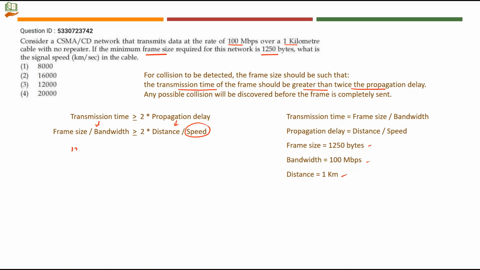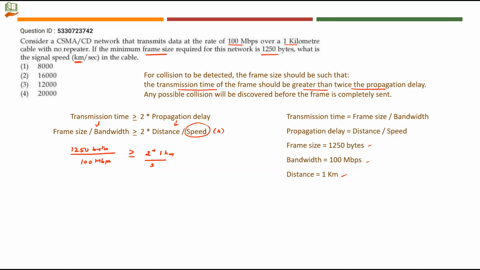Frame size is 1250 bytes divided by 100 megabits per second greater than or equal to 2 into distance, which is actually 1 kilometer. We can retain the kilometer as it is because this unit is also in kilometer only. Divided by speed. So instead of speed I am just going to denote this by S.